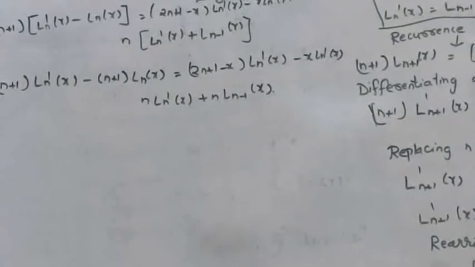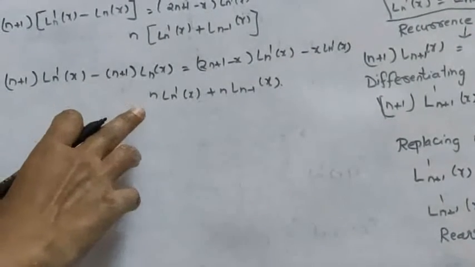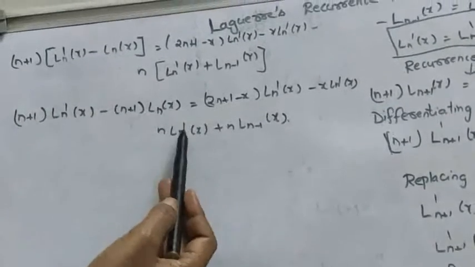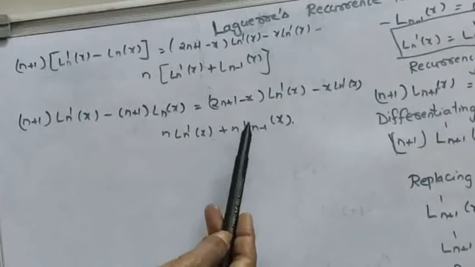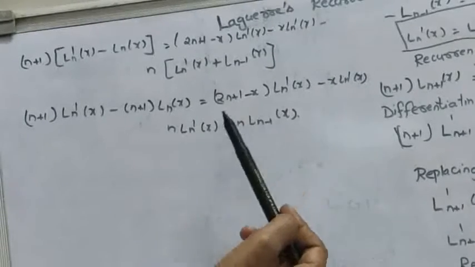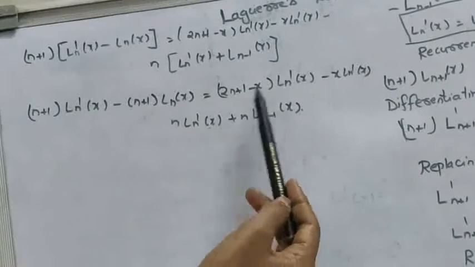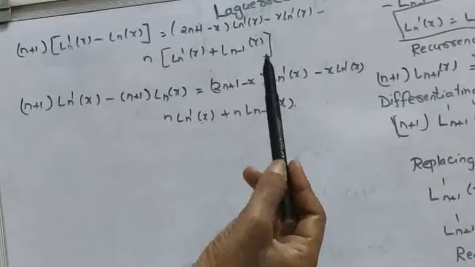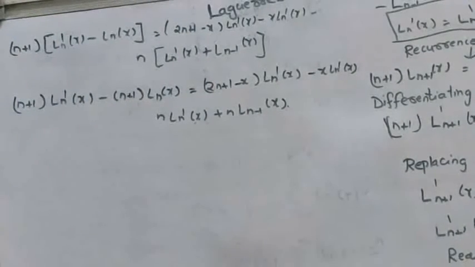Now from this equation, wherever from these two terms, here ln dash is there, here also ln dash is there, here also ln dash is there. Now you take ln dash of x as common term.